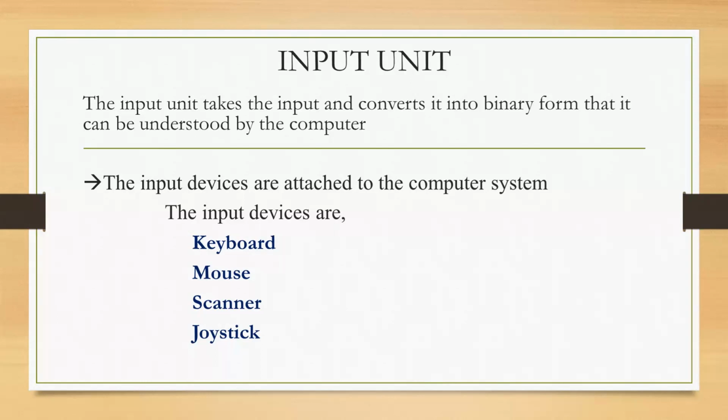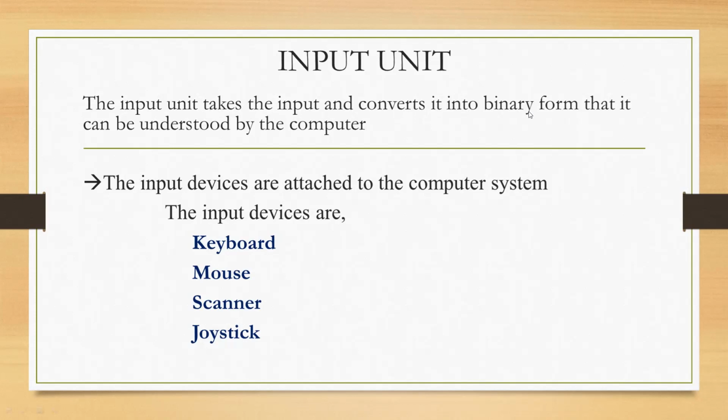We know so many languages like English, Hindi, Malayalam. But a computer system knows only one language, that is low level language, otherwise binary language, otherwise machine level language. So the input unit takes the input and converts it into binary form, because we do not provide information in binary form. We give information in the form of signals or high level languages, right?